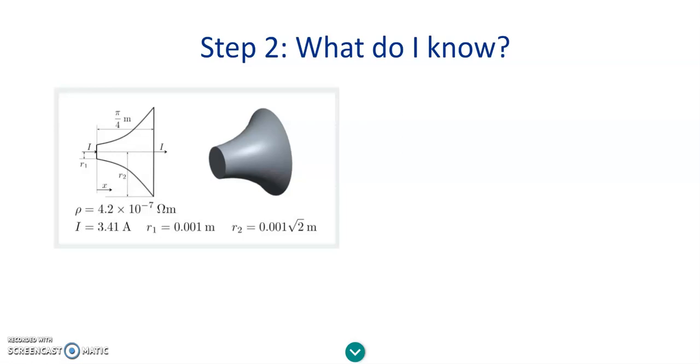Next, you need to look at, what do I know? What do I actually know that will help me solve this problem? Well, you know that you need to find the power dissipated in the resistor, and you know that P equals I squared R. And we're given a resistivity. So we know what I is, but we don't know what R is.